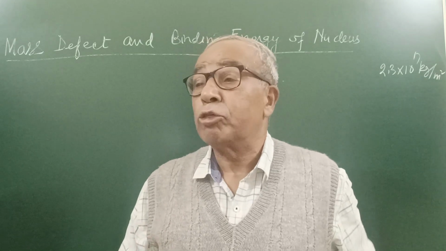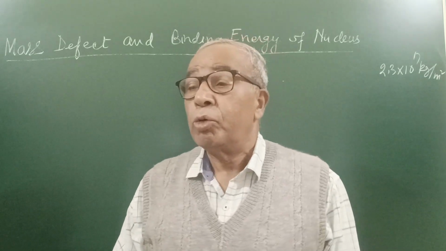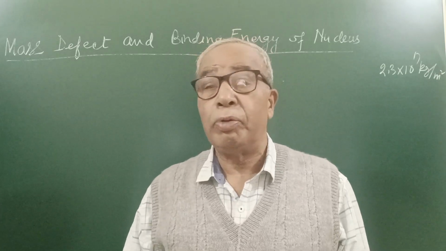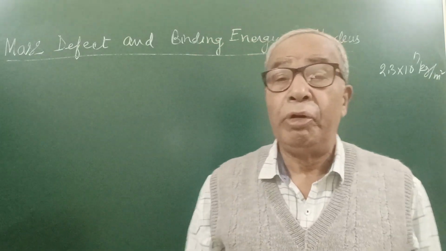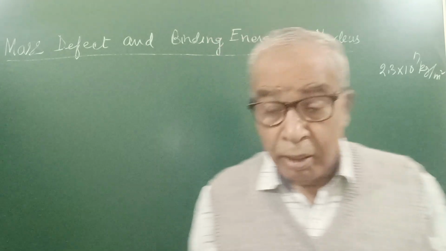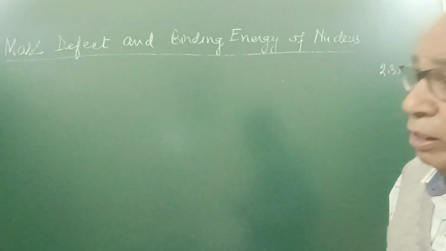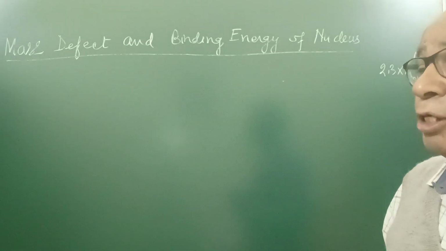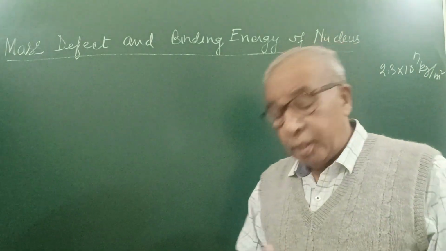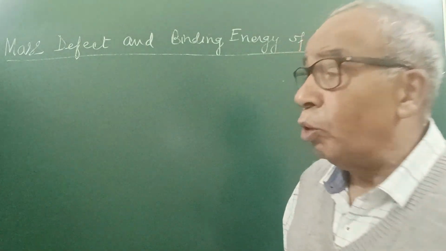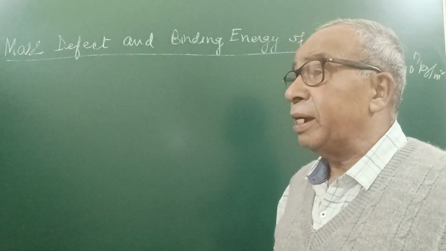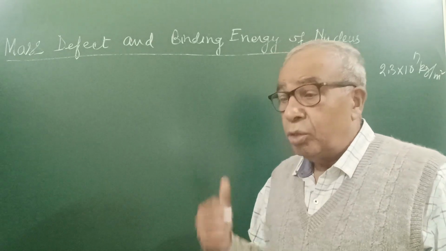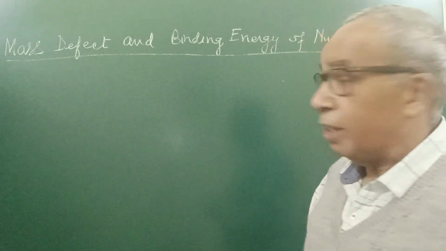For example, in case of water and ice, to make ice from water, 80 calories of heat energy has to be withdrawn per gram. In the nucleus, nucleons are very close. A large amount of energy has to be released, has to be taken from the nucleons. That much energy cannot be obtained in any chemical change or physical change. So what happens there, we will see here.